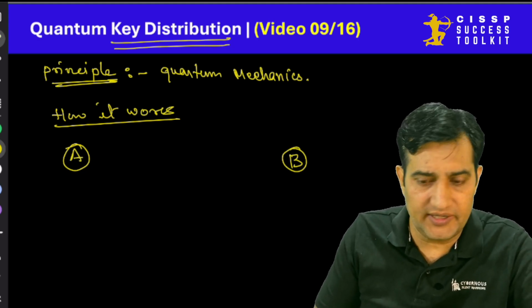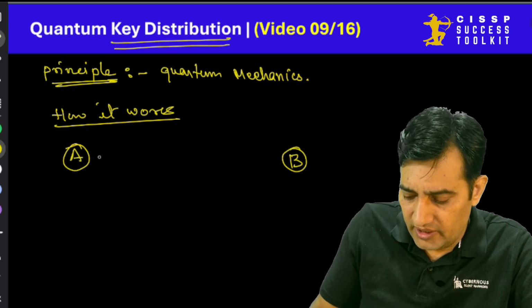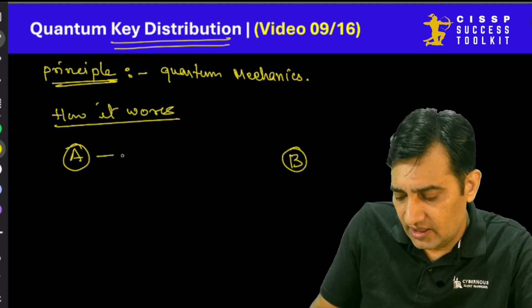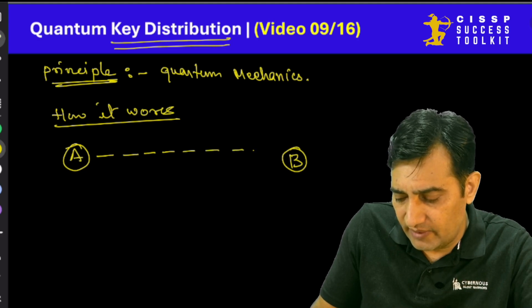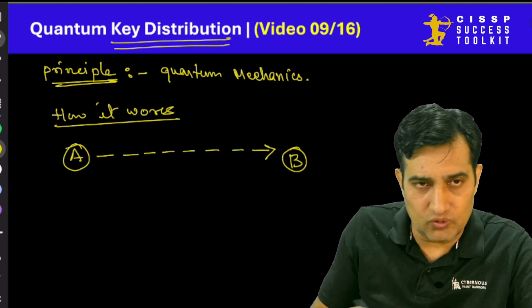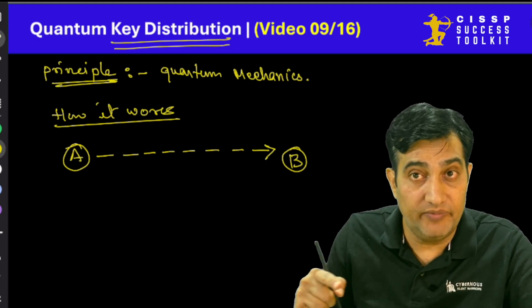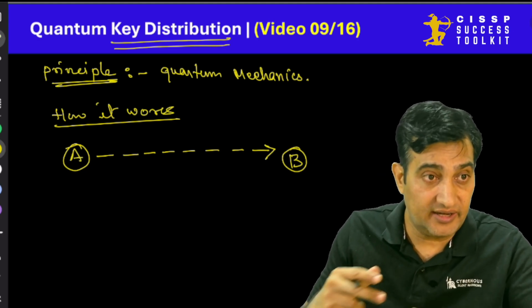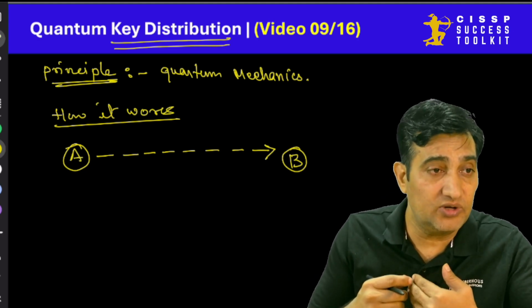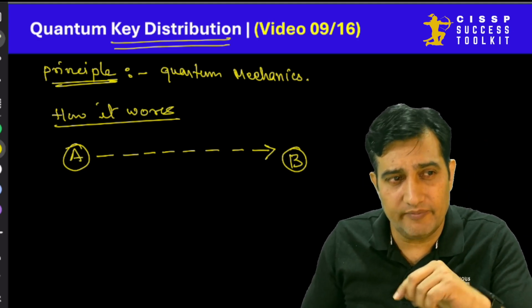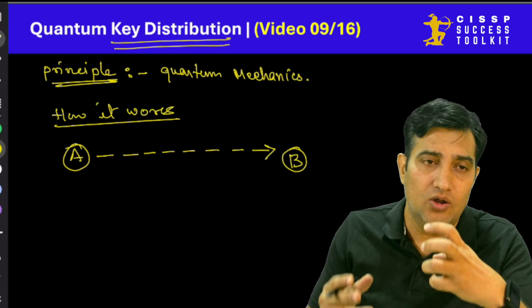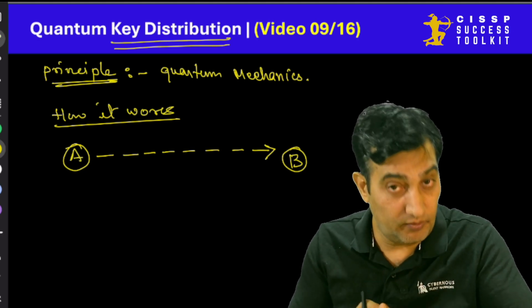As you know, in quantum cryptography, the message will be converted into light particles called photons, and that will be traveling on the channel. This channel can be free space, based on line of sight, or it can also be fiber optics.